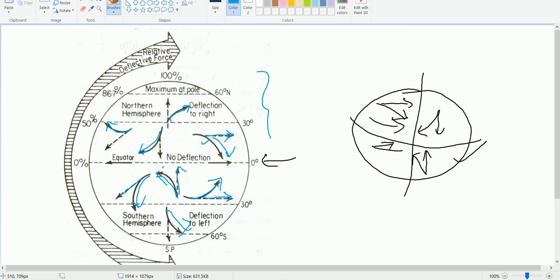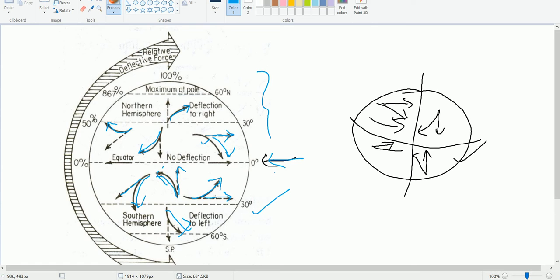So in this way, every object which is moving relative to the Earth's surface will be deflected to the right in the northern hemisphere and to the left in the southern hemisphere. This is what we call Coriolis force, or it is also known as Ferrel's law. And remember, there is no deflection along the equator. Every object will be moving straight along the equator.